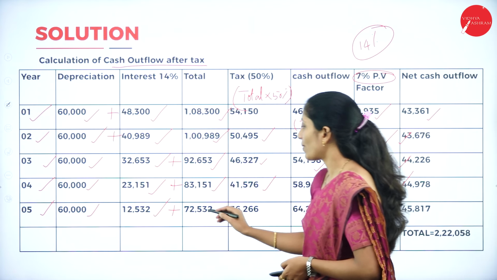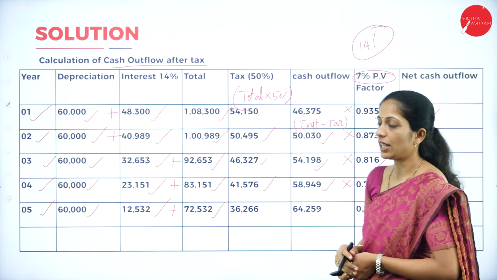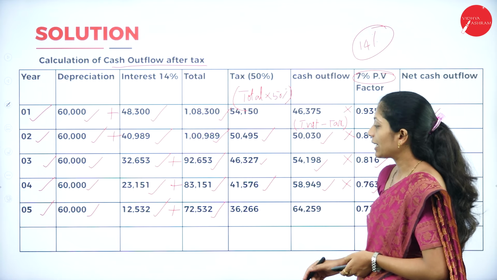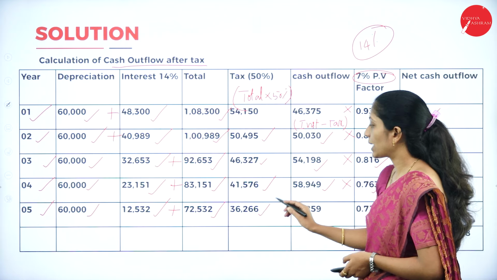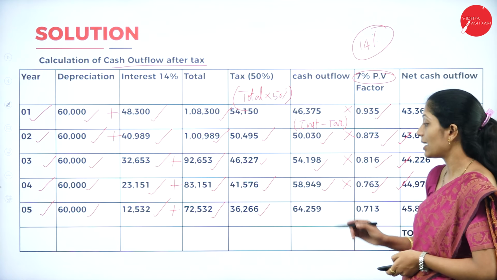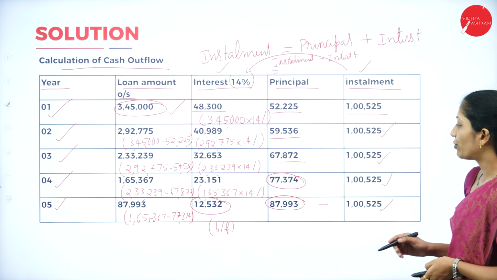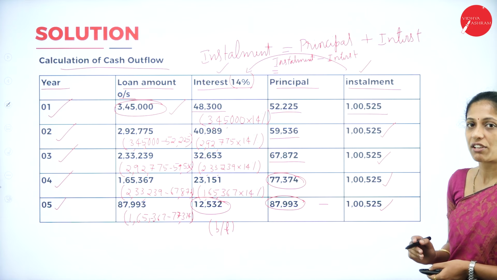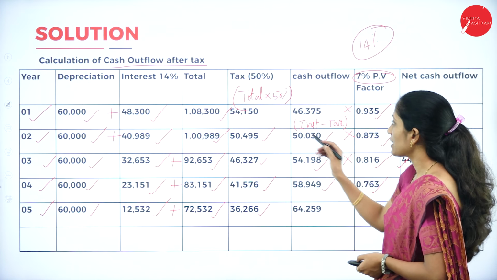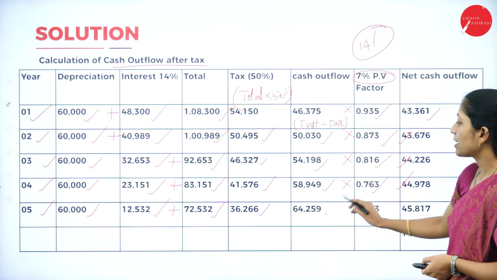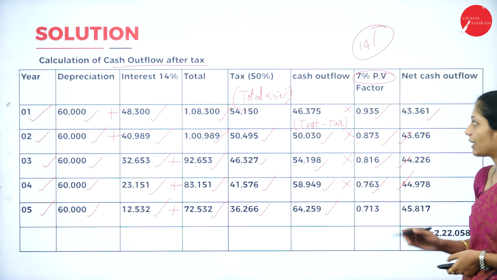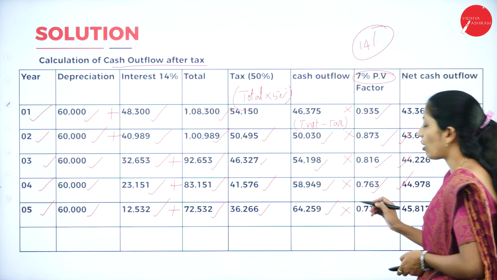Add these two, so we'll get 72,532. In the same way, calculate the tax, that is 50% of 72,532, we'll get 36,266. Now the cash outflow: the installment is 1,05,25 in the fifth year minus this tax, 36,266. So I'll get 64,259 into the PV factor of the fifth year.